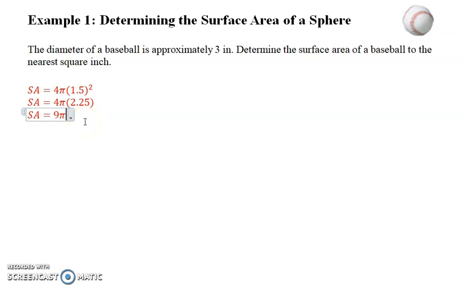And now on your calculator, all you need to do is hit 9 times pi, and we get 28.27433388. And of course our unit, our surface area is going to be in inches.